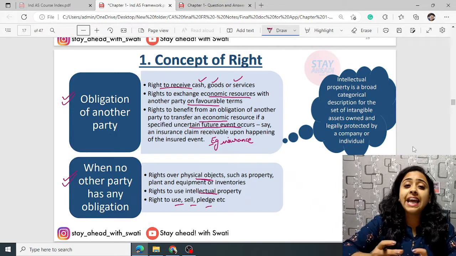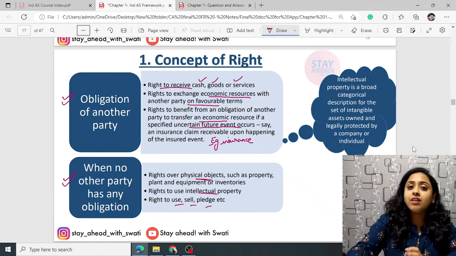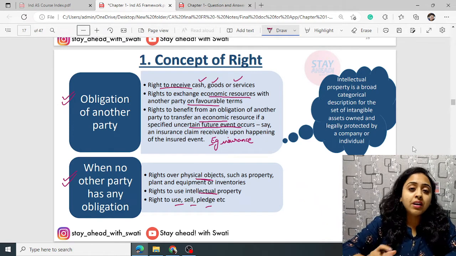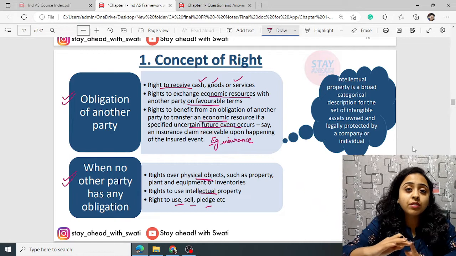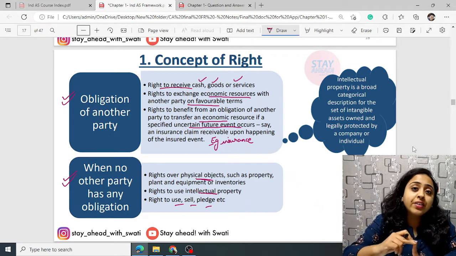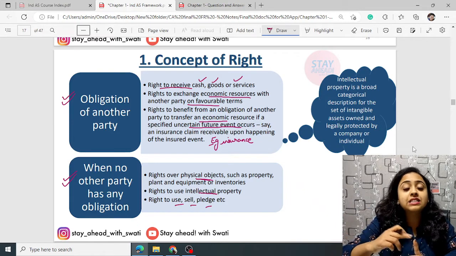You are putting an asset or economic resource as collateral for loans. Collateral can be either movable property or immovable property. If the collateral is movable property, then the term used is pledge, and if the collateral being put is immovable property, for example land, then that is termed as mortgage.